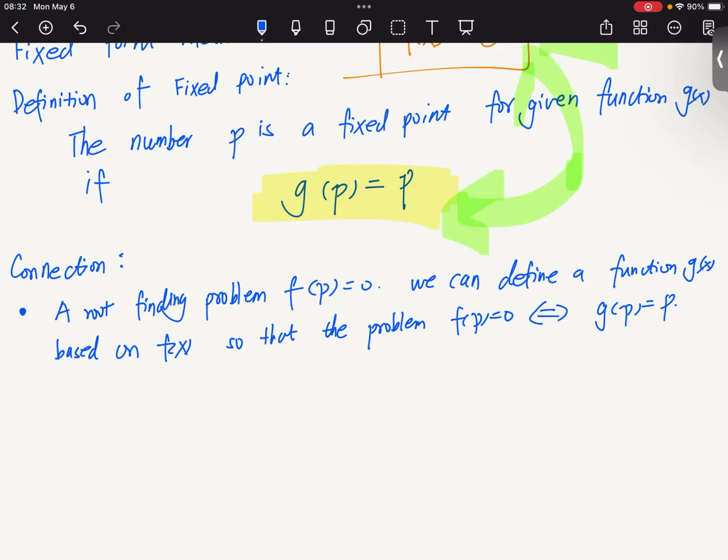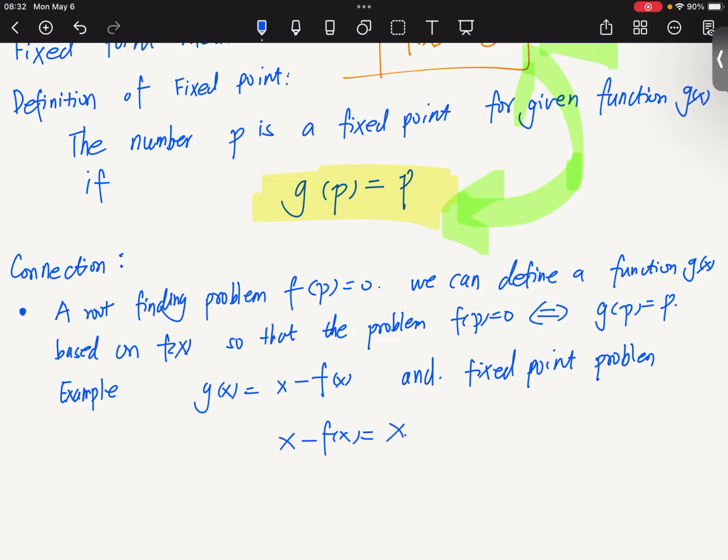So for example, we can define g(x) in this way: g(x) equals x minus f(x). Then we have the fixed point problem, which is solving x minus f(x) equals x.